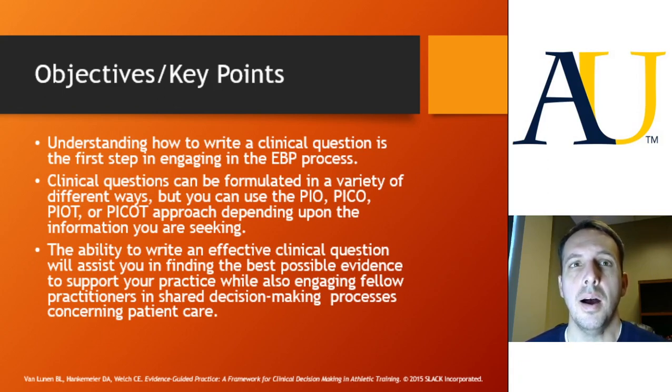So what often occurs is you'll create a full PICO type question, but when we get to searching, which is the next step in evidence-based practice, we're going to rank order those in what is most important.